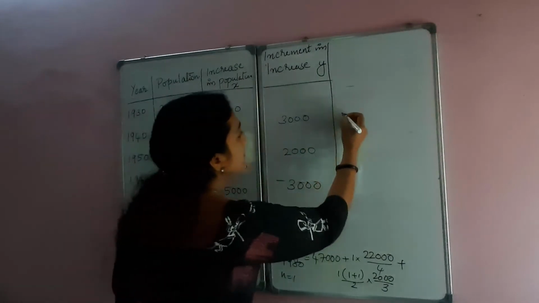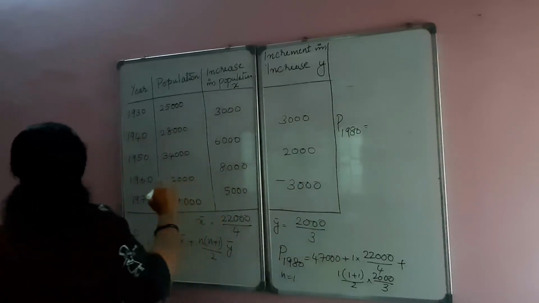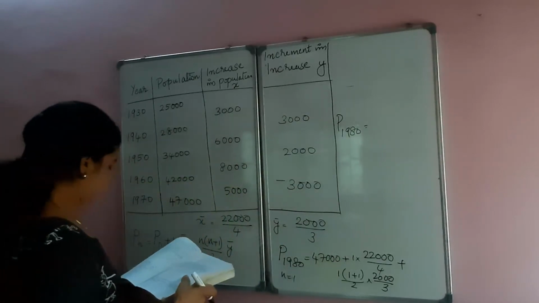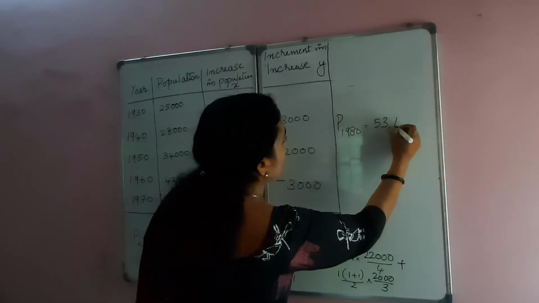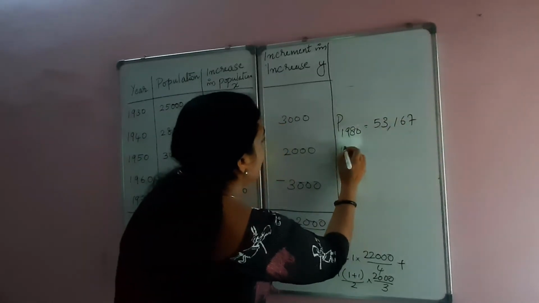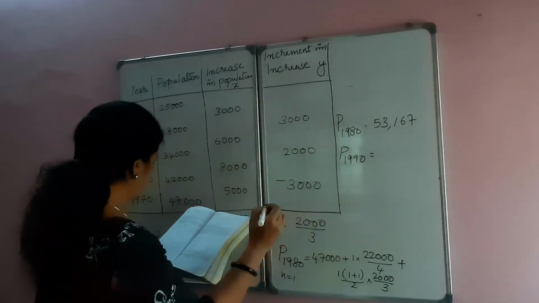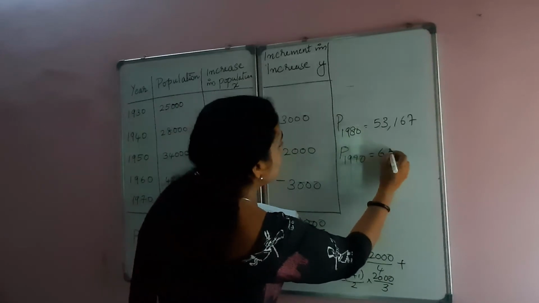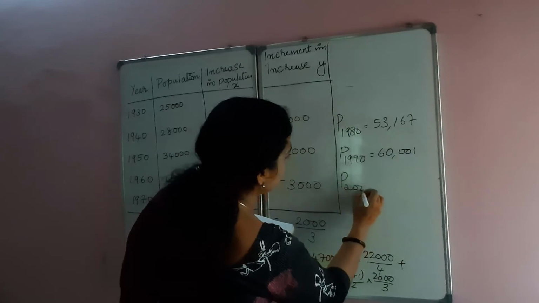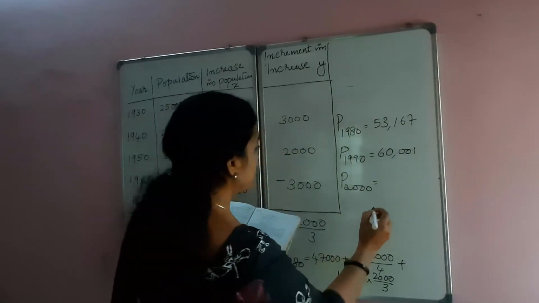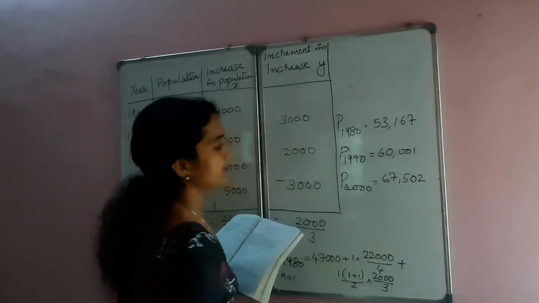Then in 1980 the value is 53,167, in 1990 it is 60,001, and the population in 2000 is 67,502.